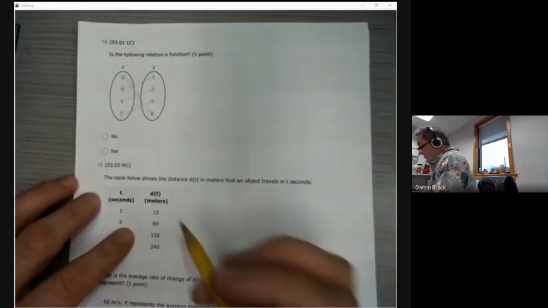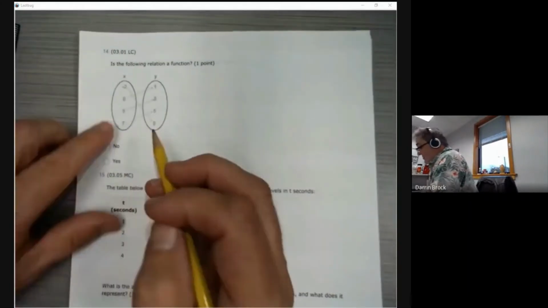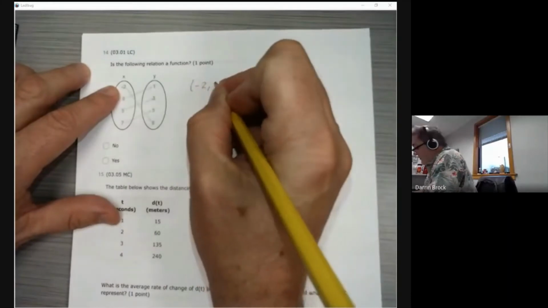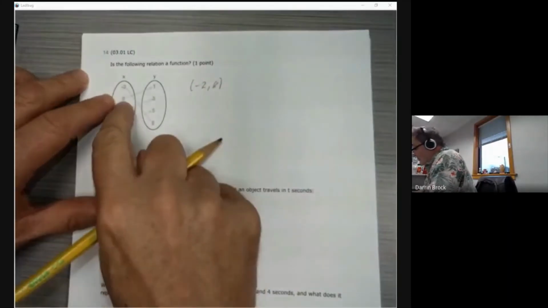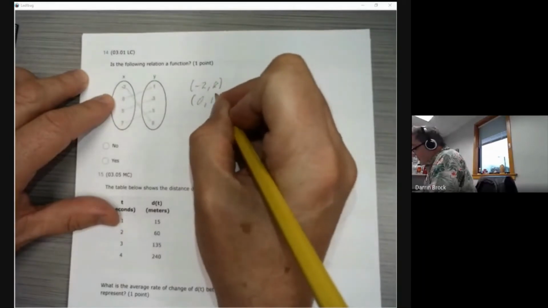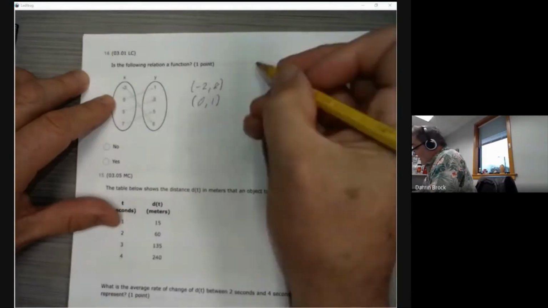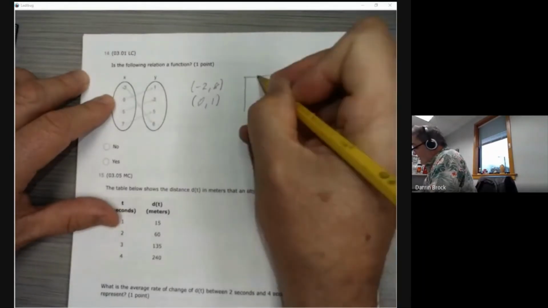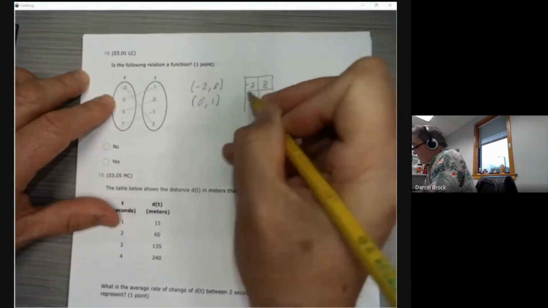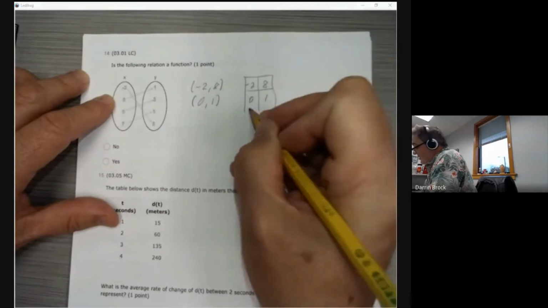Mapping diagrams. -2 goes with 8, so that's talking about the point -2, 8. 0 goes with 1, it's talking about the point 0, 1. If we were making a table, it'd be a table where -2 went with 8, 0 went with 1.